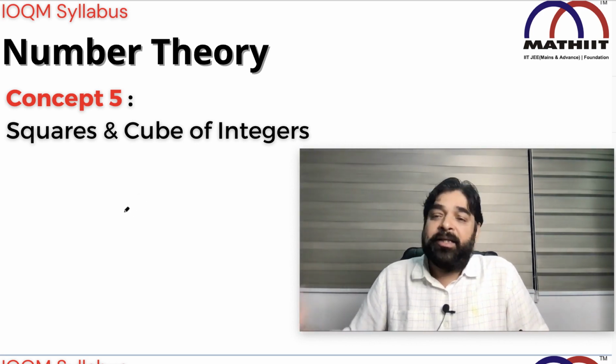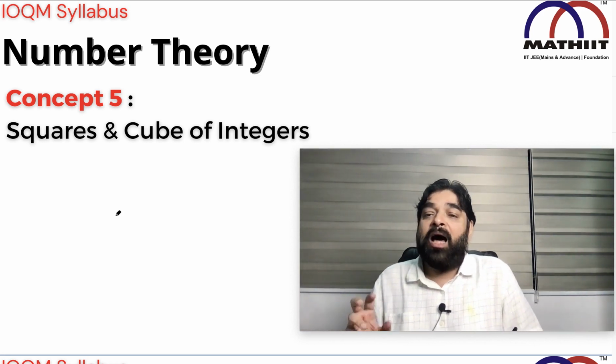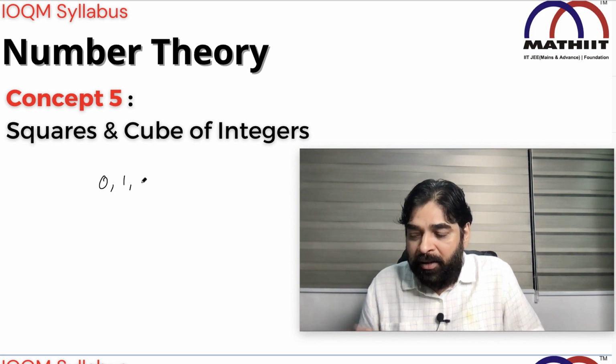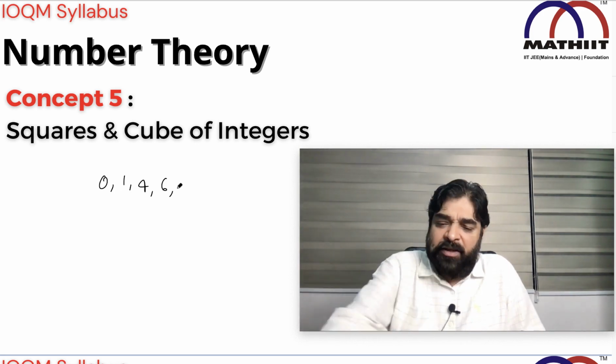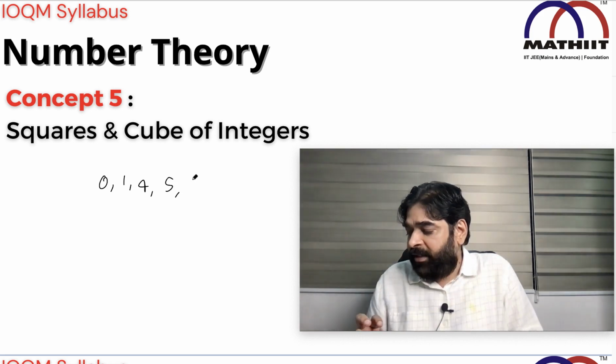Suppose any integer, if you square it, always remember, a perfect square always ends with 0, 1, and what else can happen? 4, 6, and no, 5 also can happen. Yes, 5 also can happen, and 6 also can happen.